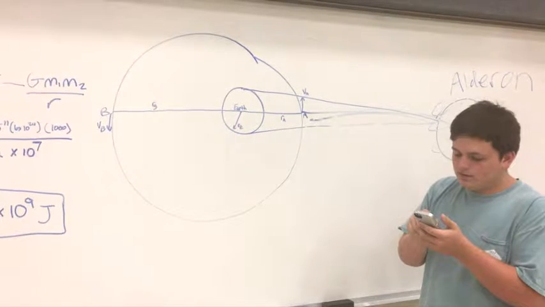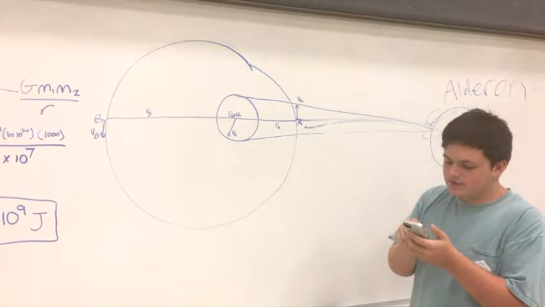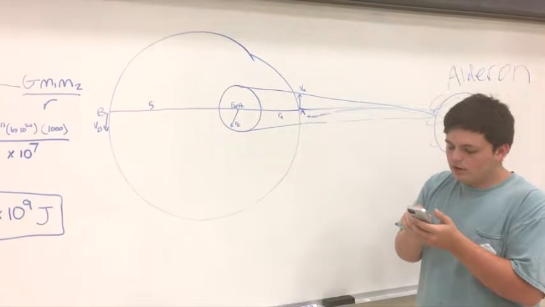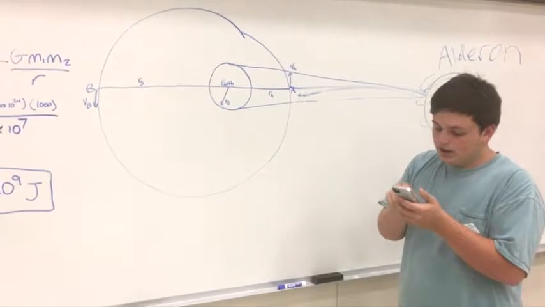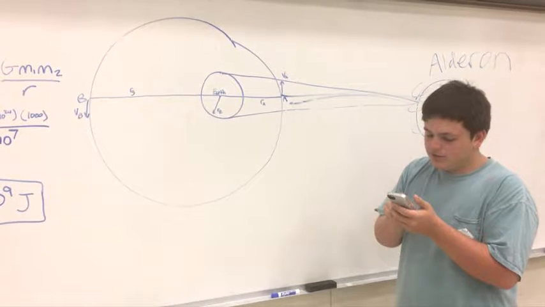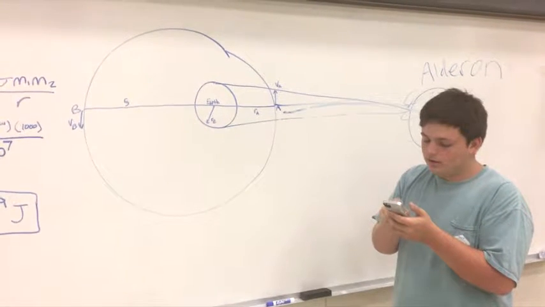The mass and radius of the Earth are ME equals 6 times 10 to the 24th kilograms and RE equals 6.4 times 10 to the 6th meters, respectively. Determine each of the following for the spacecraft when it is at point A.